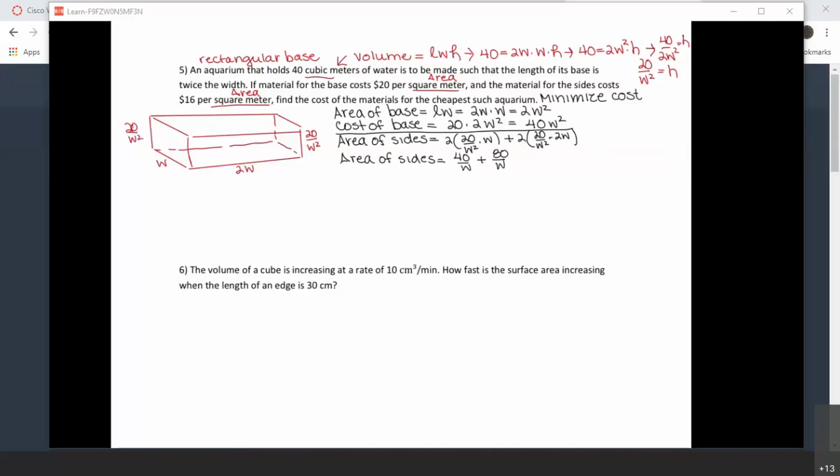I'm just using algebra. I haven't done any calculus yet. This is all algebra. These things both have the same denominator, so I can add the numerators, and 120 over W is an expression for the area of the sides of the aquarium.